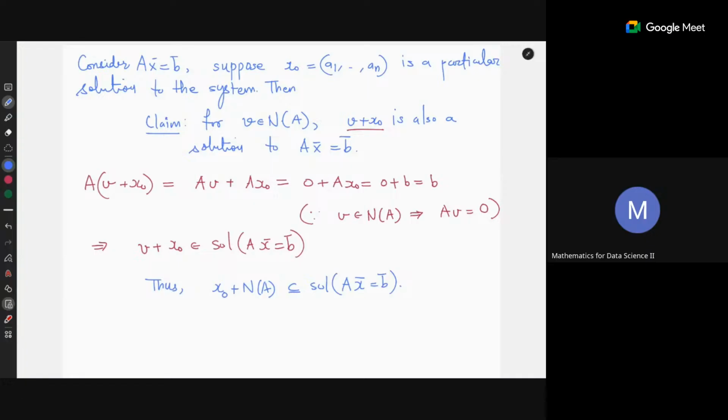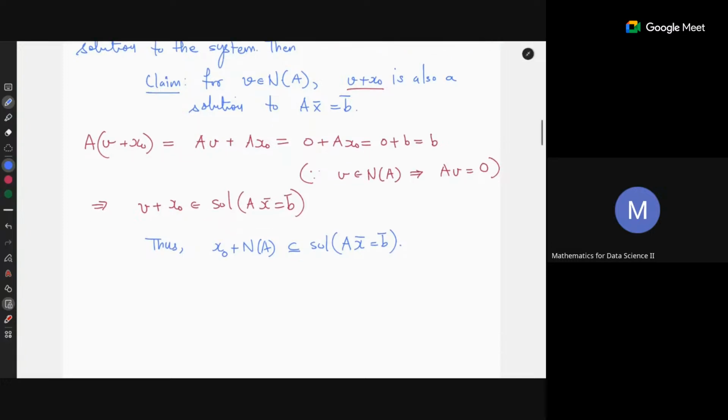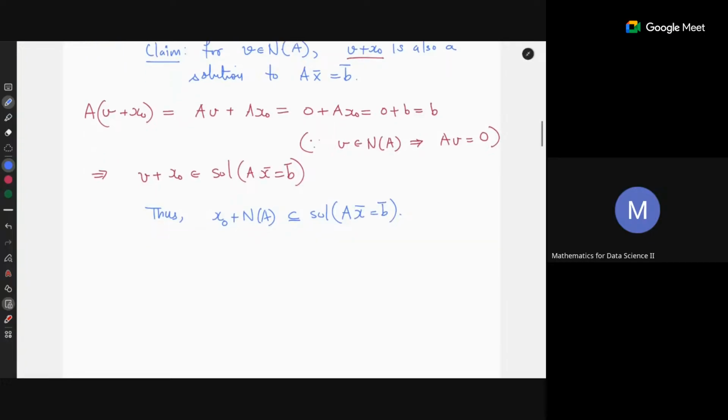And similarly, you can also argue if you take any point from the solution space. Let's say w is in the solution space of Ax equal to b. Then w minus x naught is in the null space.